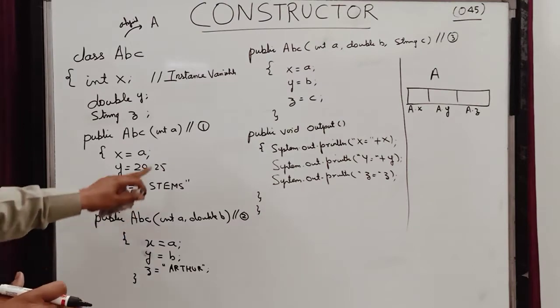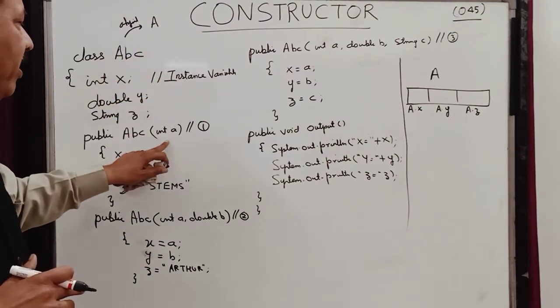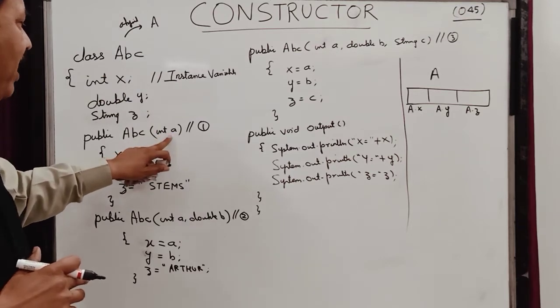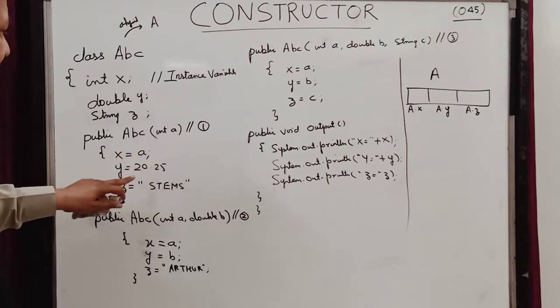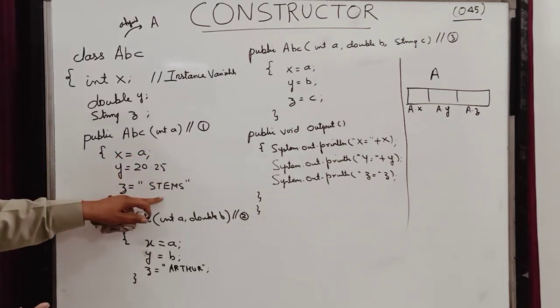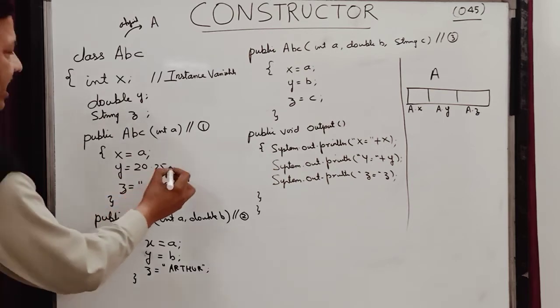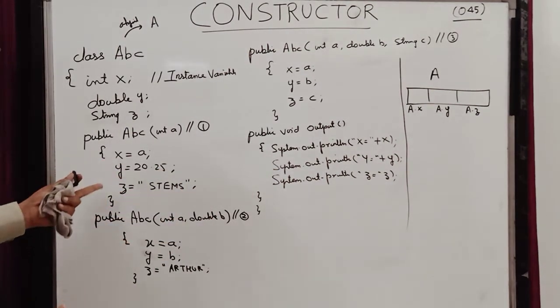And say if you use this constructor and you want to create an object of this class, then children, for this, the first value, that is int a, it is asking you to enter, and the rest of the two values, 20.25 to y and "stems" to z, are being given by the program itself. We have written it in the program, so this value comes from within the program.